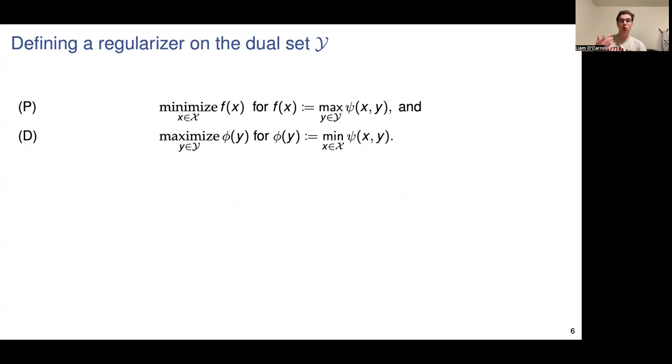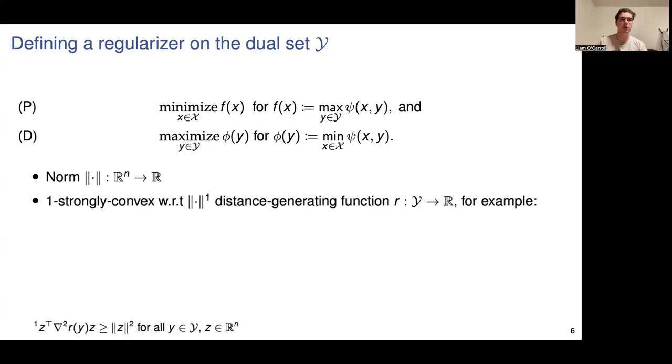So towards stating our formal result, we're going to define what it means to have a regularizer on the dual constraint set Y. You can choose any norm you want on R^n. And then we're going to define a distance generating function, which is 1-strongly convex with respect to that norm.